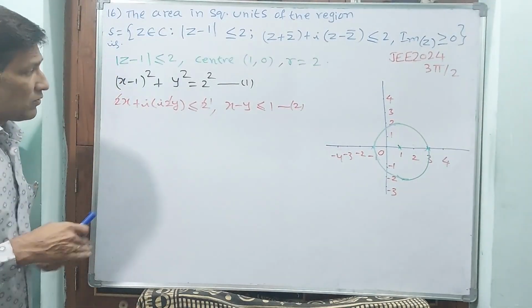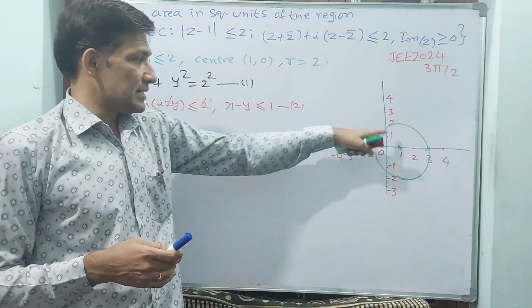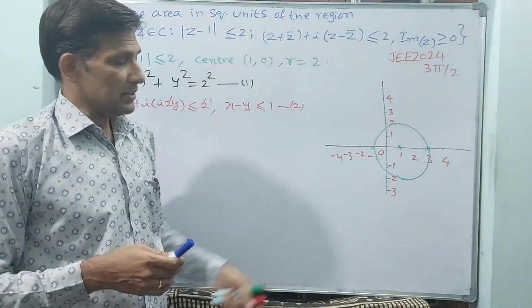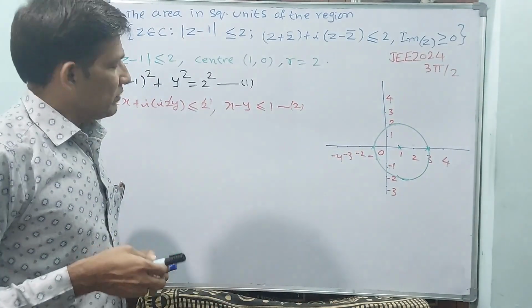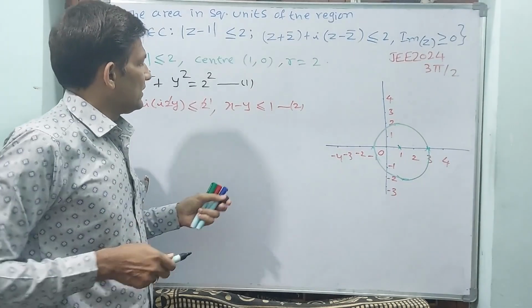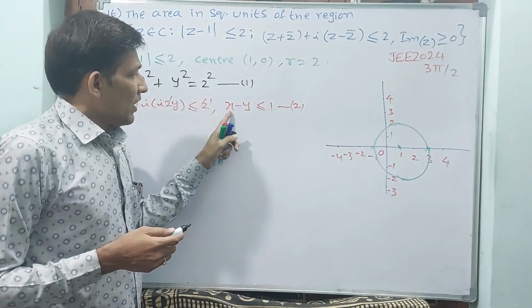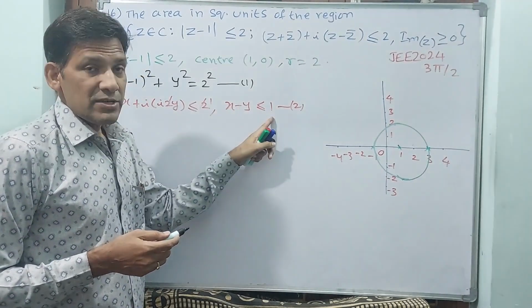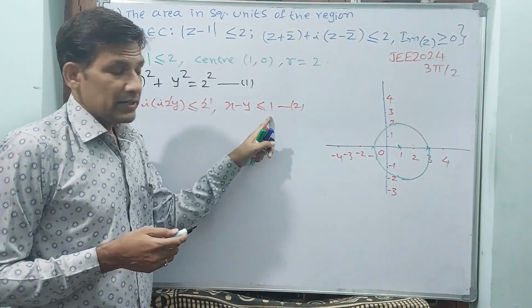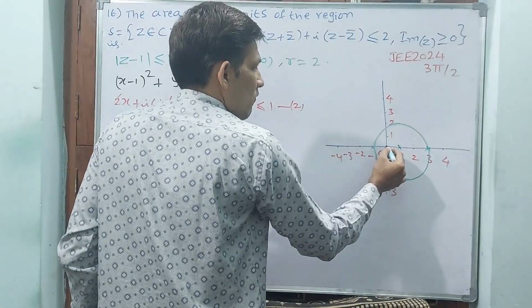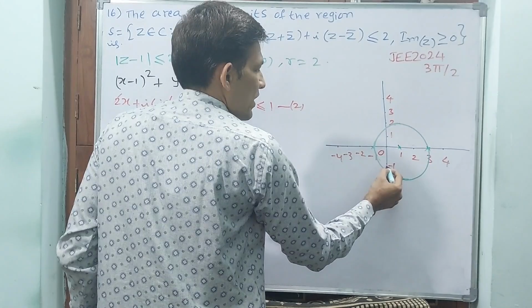Equation number 2. Now you have to plot this x minus y less than or equal to 1 also on this graph. See how I am plotting, observe very carefully. When x is equal to 0, minus y is equal to 1, so y is equal to minus 1. x is equal to 0, y is equal to minus 1. That means this point.